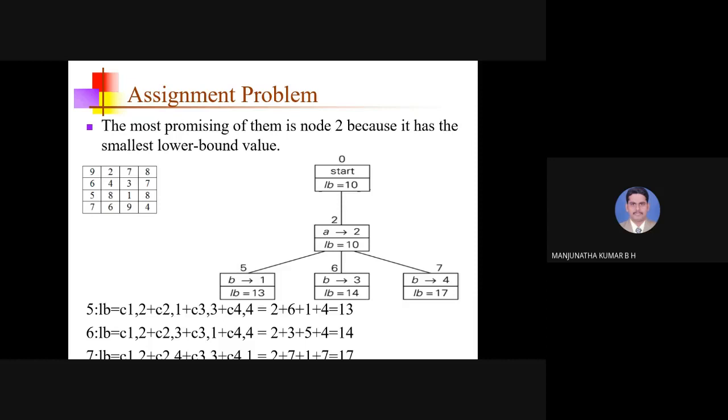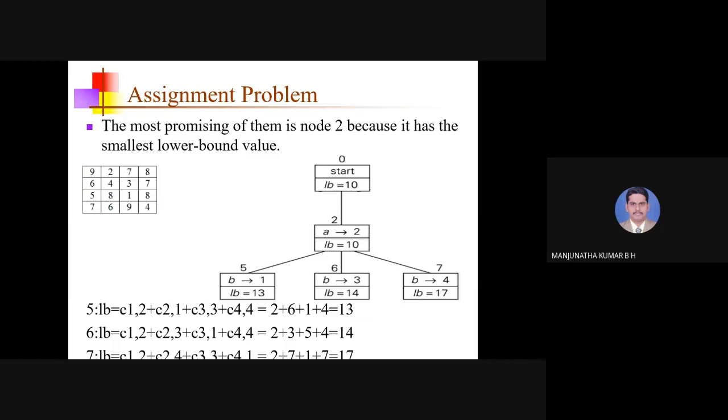Why? Because second column is already fixed for person A, no? For person A, I have given job 2. So I am not supposed to take the smallest number for person D from the second column also. So if you leave 6, what is the next smallest number? 7. Okay, take 7. Now add these numbers, sum becomes 17. So cost of the node 7 is 17.